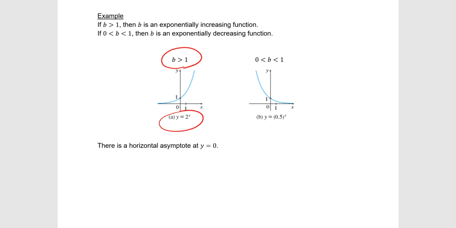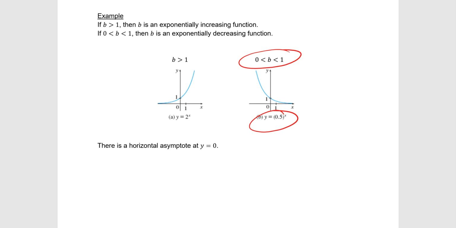The function values are going to get larger and larger as x gets larger and larger. And then second, if the base is between 0 and 1, like y equals 0.5 to the x, then it's an exponentially decreasing function. Okay, so I definitely recommend creating your own little XY table for this, and just plug in some x values and plot it and verify that's what happens.